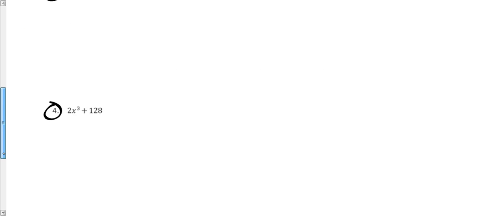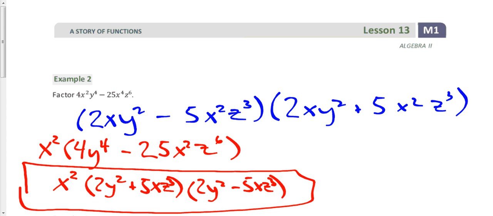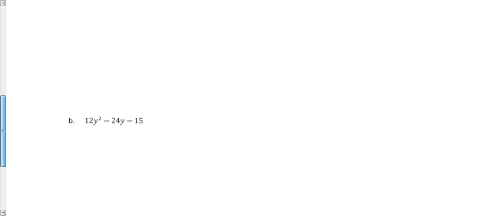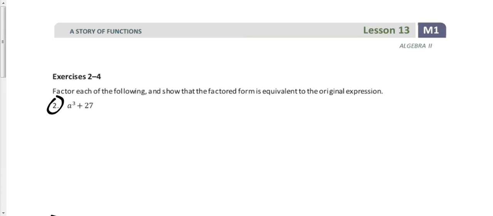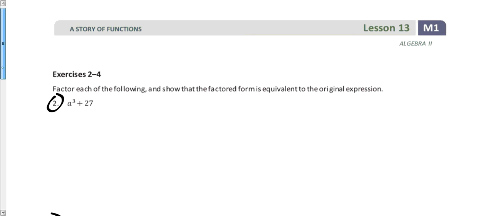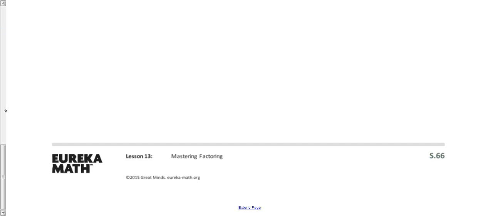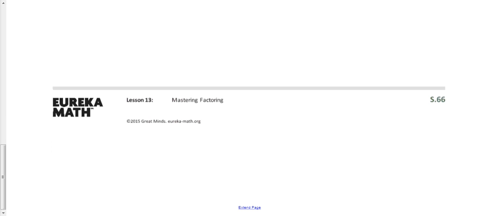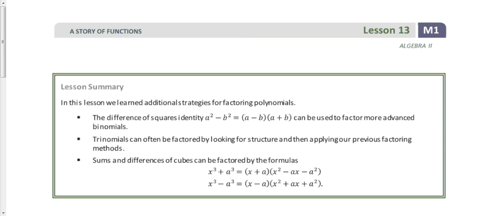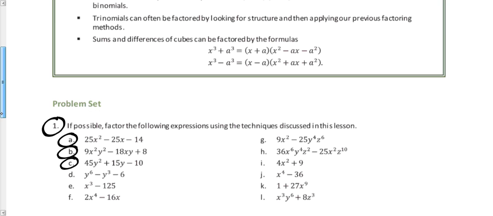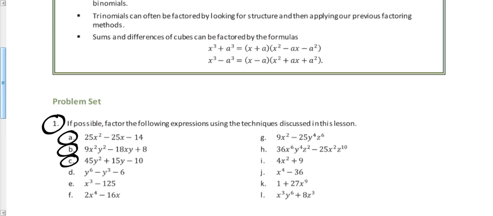Exercise 2, 3, and 4. Exercise 1A and B. And from the problem set, 2, 3, and 4. Problem set 1, A, B, and C.